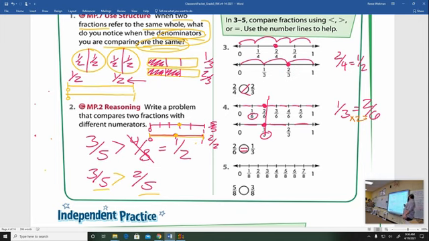Now, what times 1 would equal 2? 2. That's right. Remember, when you have a common factor, you have to do whatever you do to the bottom, you have to do to the top. It's got to be the same, right? So we found a common factor.